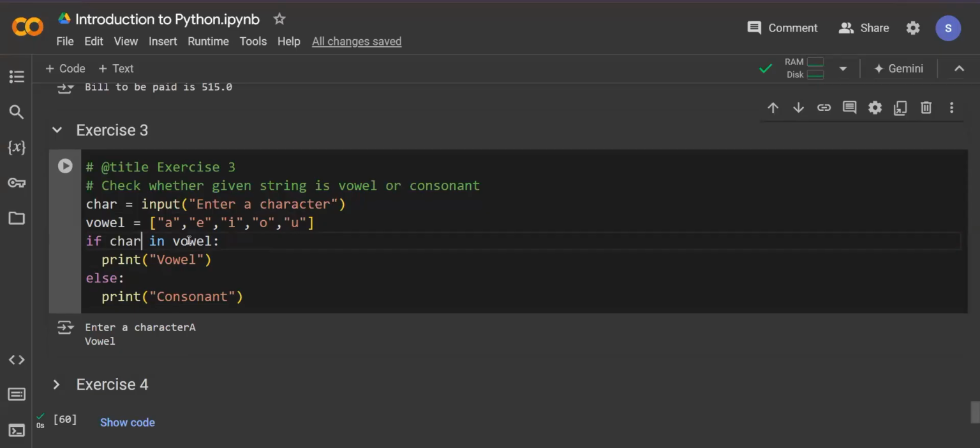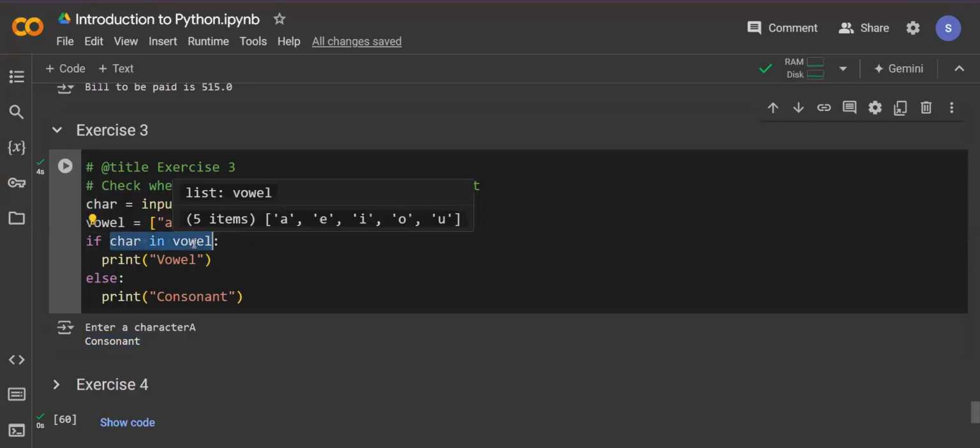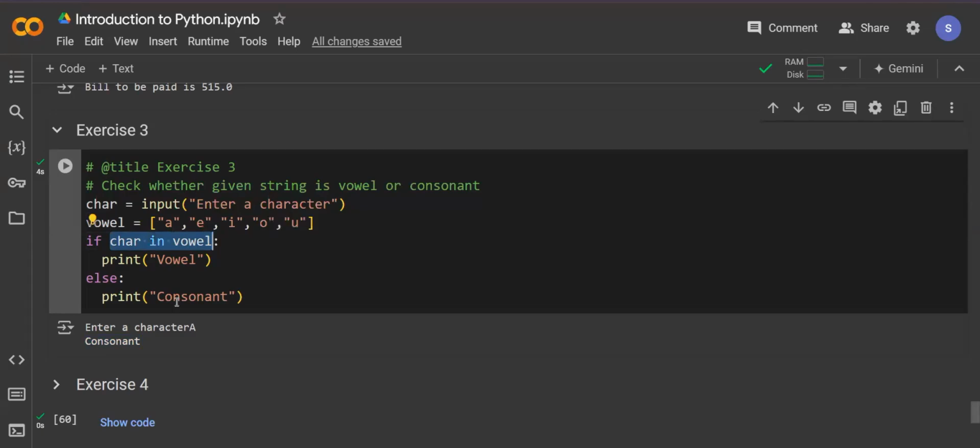No, obviously not, because Python is a case sensitive language. If I run this and give the capital A, I'm getting the answer as consonant because it is saying that this particular character is not present in the vowel and it is coming to the else part, that is consonant. That is the reason.